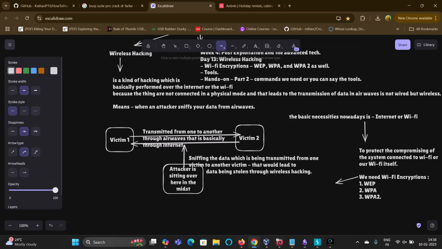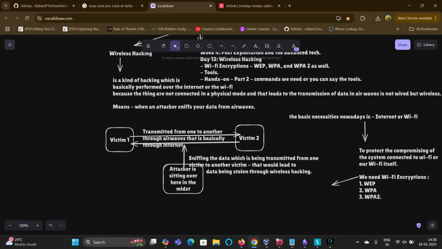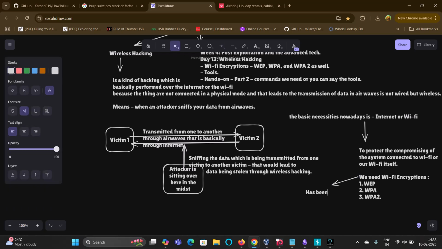Wi-Fi encryption has been upgraded since the 1990s.